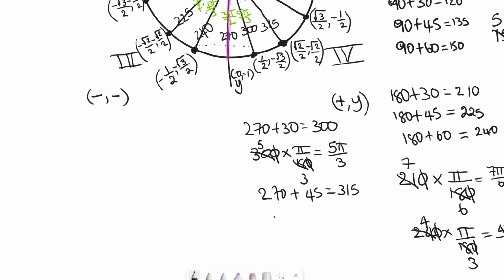Now, let's convert 315 to radian measure. Remember, since it is a multiple of 45, then 315 must be divisible by 45. And so if I divide 315 by 45, that's going to be 7. And we know that 180 divided by 45 is 4. So this is going to give us 7 pi divided by 4. So I can plug that in here.